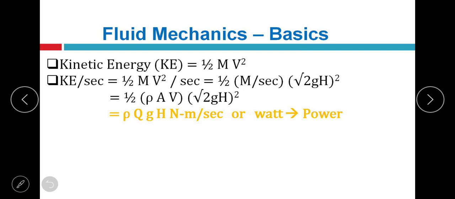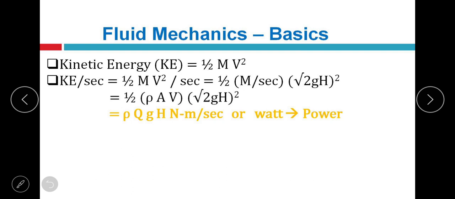Kinetic energy is given by half m v squared, where m is mass, v is velocity. Kinetic energy per second is equal to half m v squared per second, that is equal to half m per second multiplied by under the root 2gH whole squared, half rho a v multiplied by root 2gH squared.